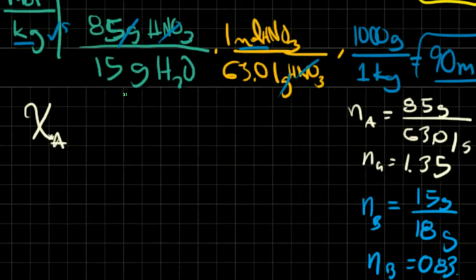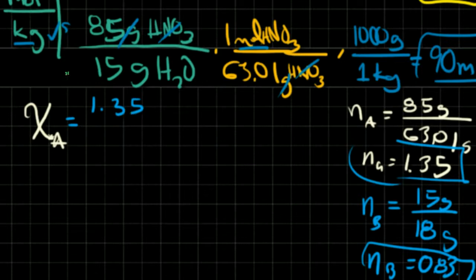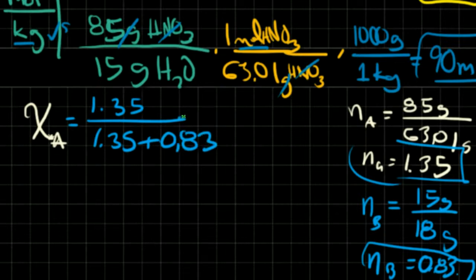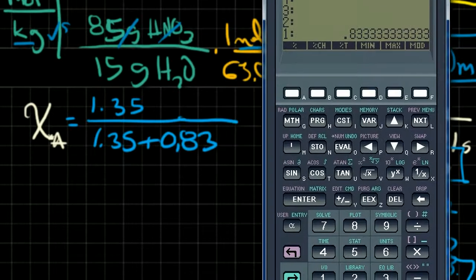Okay, now I'm going to say, oh, did I not write that down? Oh, yes, I did. Okay, here we go. So I've got this, I'm ready to go. 1.35 moles of nitric acid over 1.35 moles plus the total moles of the solution, 0.83 moles total. So I conveniently have that right here, 1.35 plus 0.83.